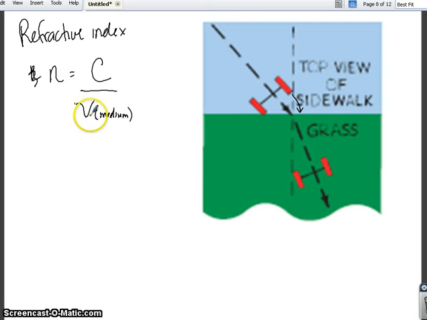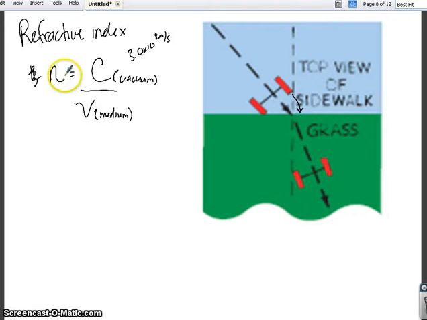The velocity in a medium is going to be slower than in a vacuum. The speed of light in a vacuum is 3.0 times 10 to the 8th meters per second, but in a medium, it's going to go a little bit slower. Imagine running through air versus running through water. If you're running through water, you're going to go a little bit slower.